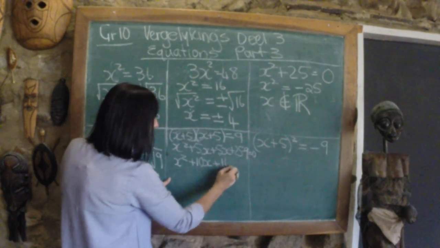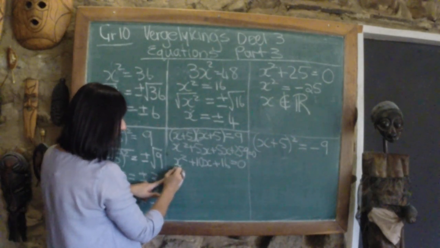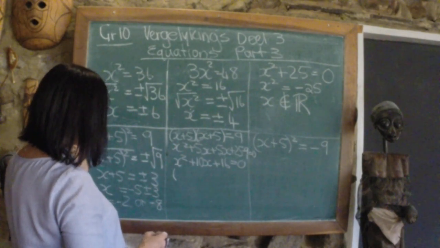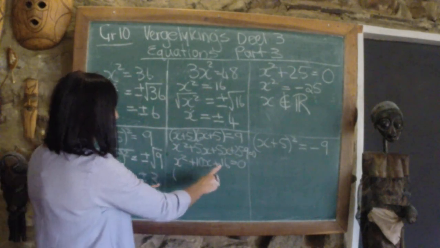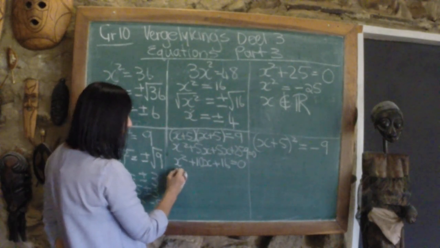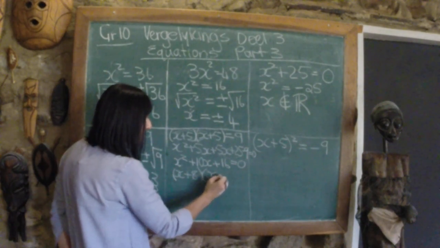plus 16, en nou kan ek hierdie ook faktoriseer, en dit gee vir my, kom ons kyk, 8 times 2 gives me 16, and I need positive, so it's going to be plus 8 plus 2.